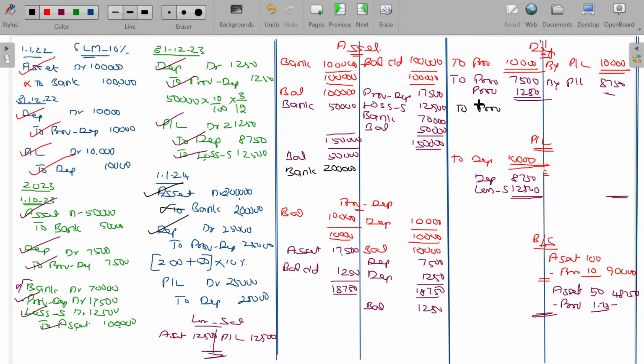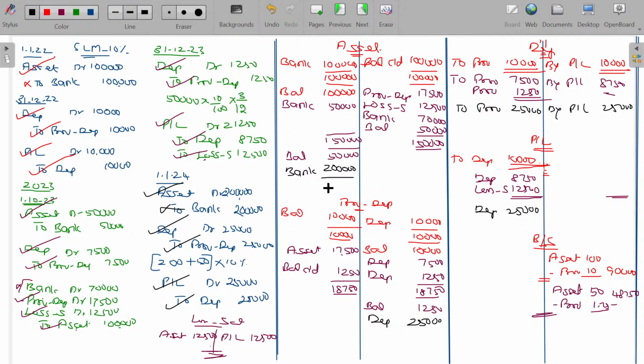So we never bother about the bank account to be open here. Here to provision for depreciation being 25,000. In provision, depreciation in the credit side 25,000. And in P&L account, depreciation 25,000 in the third year. In depreciation by P&L account 25,000.